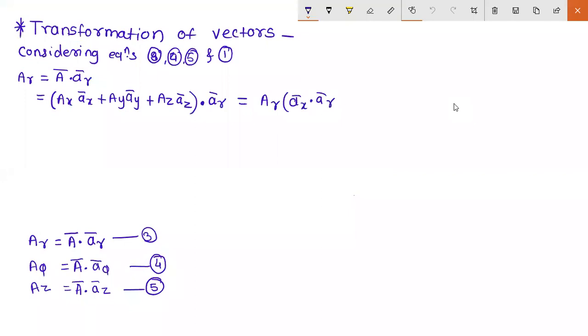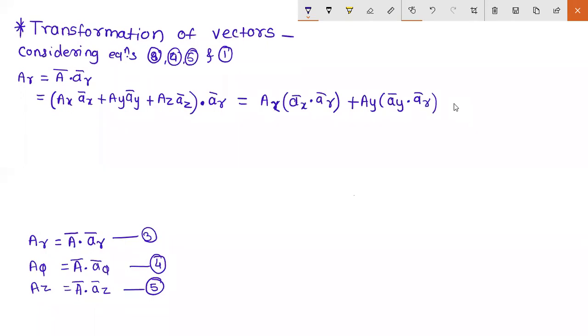Okay, now visible. So here just multiply by this a bar r in the bracket. So it is equal to ax into unit vectors a bar x dot a bar r, then plus the second term, ay into unit vectors a bar y dot a bar r.